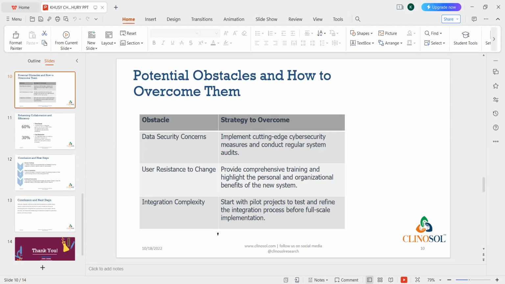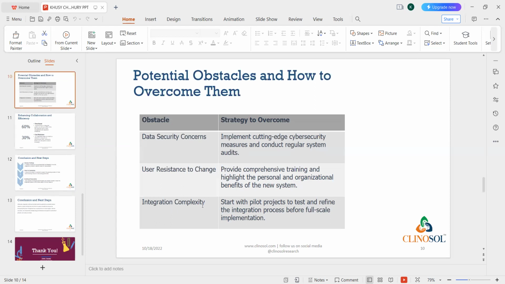Reasons are like disruption of workflow, lack of awareness or understanding, cultural resistance, fear of job insecurity, technology concerns, then perceived loss of control, etc. Strategy: provide comprehensive training and highlight the personal and organizational benefits of the new system.